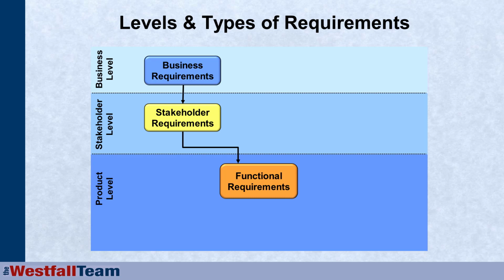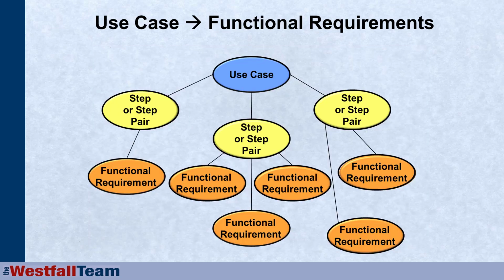What does the product have to do at a level that the developers can use that information to design and implement the actual system? So we're going to take these steps in our use case, and with a single step or a pair of steps typically, we're going to drill those down to one or more functional level requirements for each step or each pair of steps.